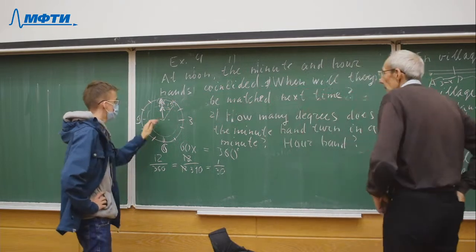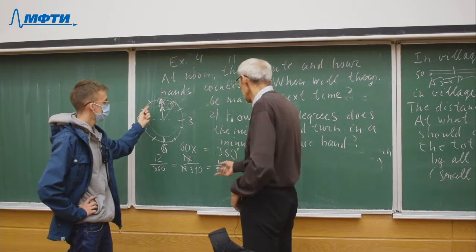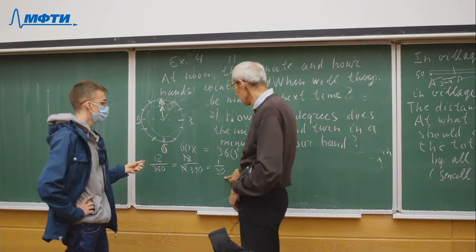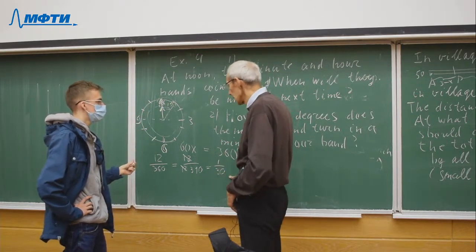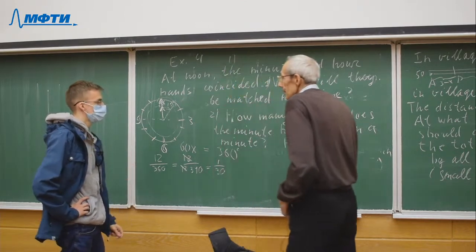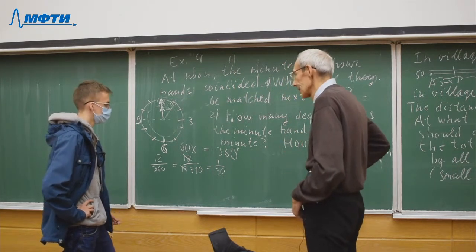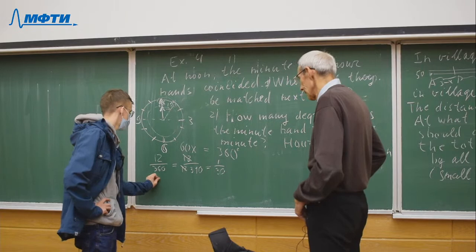So it will be 1 hour 5 minutes. The velocity in 5 minutes is 30 degrees, and in 1 minute 6 degrees. Is it exact? So the answer is 65 minutes.